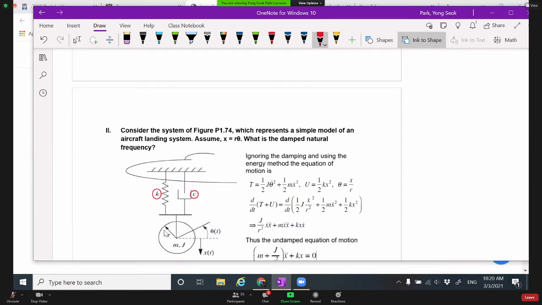Then this is a wheel, right? If there is slipping, then this is a really hard problem, but there is no slipping. Without slipping means the wheel is fully engaged with the surface, isn't it?